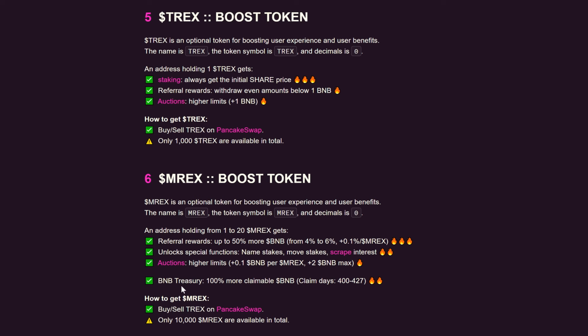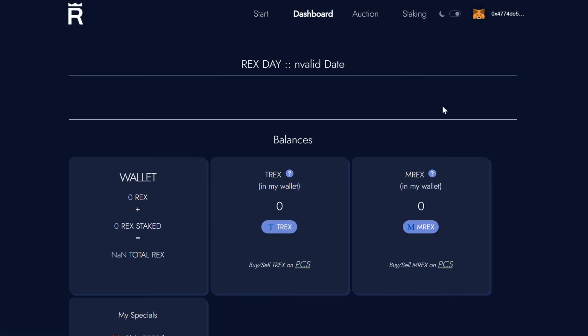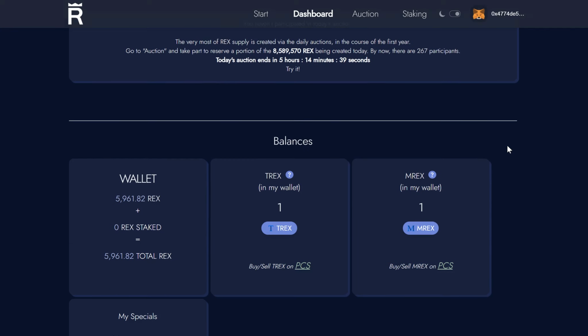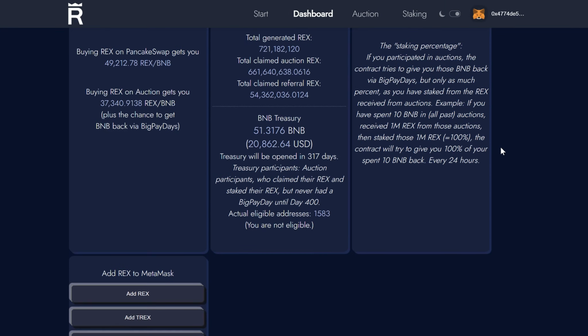Also, in the BNB Treasury, 100% more claimable BNB. So what the Treasury is for those who don't get hit with big payday, which I went through in the part 2 video. If you go down, you'll see this is a BNB Treasury.